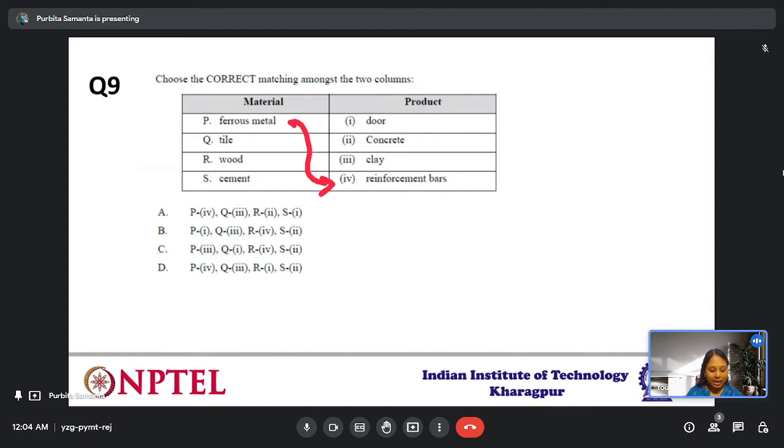Tile is a product of clay. Door is made from wood. And concrete is made with the help of cement. So we have option D as the correct answer, that is P4, Q3, R1, and S2.